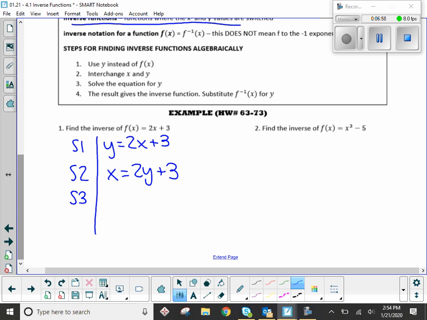In step 3 now, you solve for y, because this is going to give you your new function, the inverse of the original. If I'm trying to get y by itself, what am I going to do first to both sides? Subtract 3, exactly. So go ahead and write that down, minus 3 to both sides.